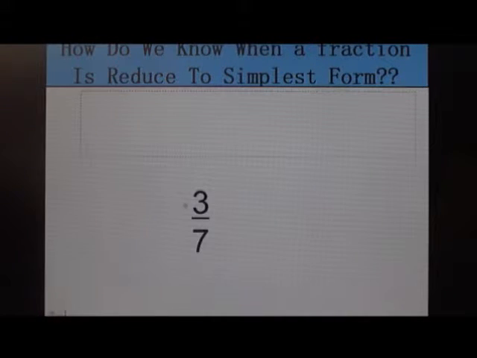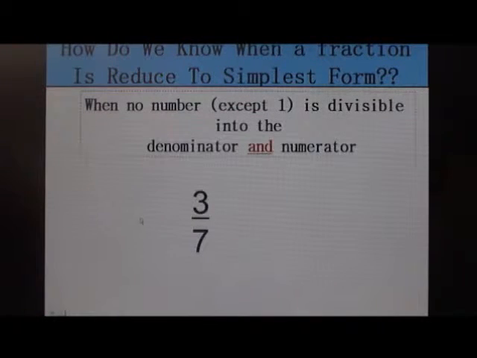Well, here is the key. If we take one of those fractions, 3/7, we know it's in the simplest form it can possibly be, reduced as small as it possibly can be reduced, if there are no numbers other than 1. 1's the exception. We'll talk about that in a second. But there are no numbers divisible into both the numerator and the denominator that will allow them to break down into smaller numbers still.